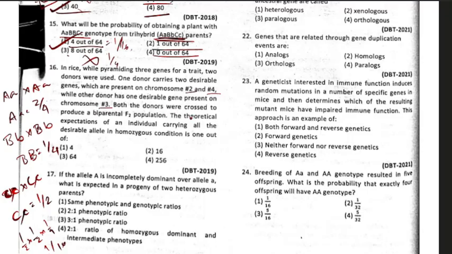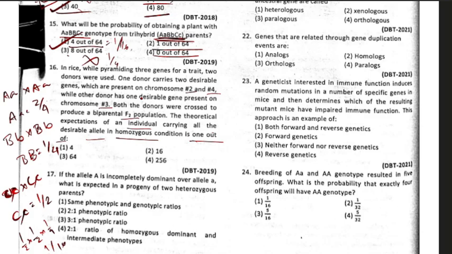Both the donors were crossed to produce a biparental F2 population. What is the theoretical expectation of individuals carrying all the desirable alleles in homozygous condition?